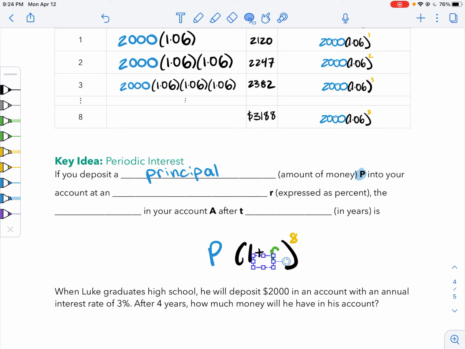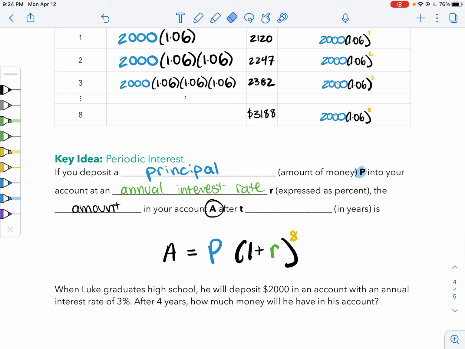I'm sorry, we call it an annual interest rate. Like this. Then the amount in your account, amount A. A can stand for amount or it can stand for account, whatever you want.